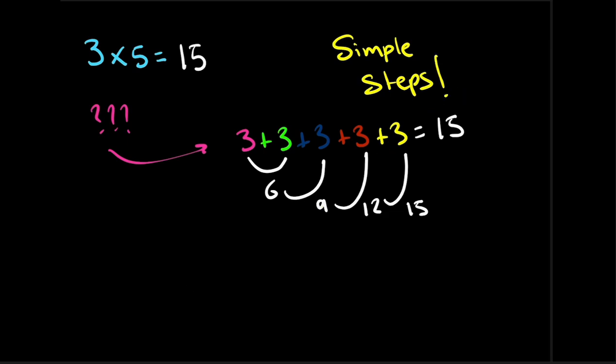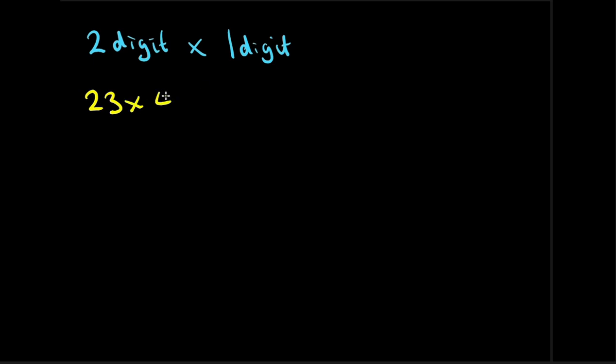Okay, let's go into the more intermediate one. So in this, we're going to have a 2-digit times a 1-digit. And later on, we're going to have a bit more difficult. So here, I'm going to have 23 times 4.